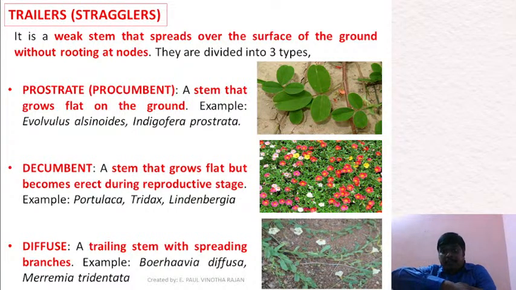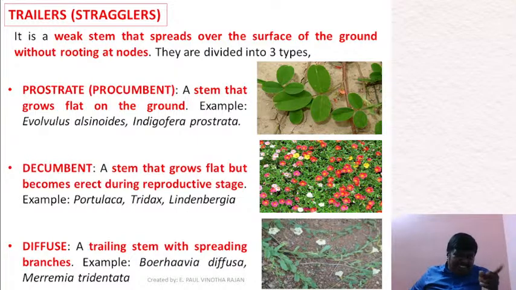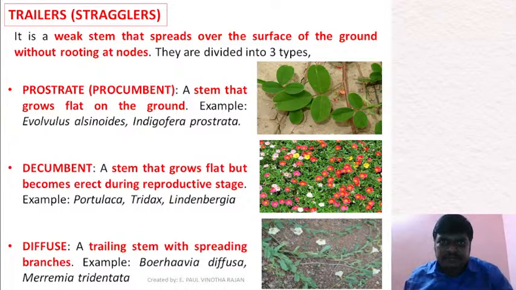So what will happen? Automatically it grows horizontally on the ground. But what is the difference between the creepers and trailers? The trailers will not form the root at the nodal region.